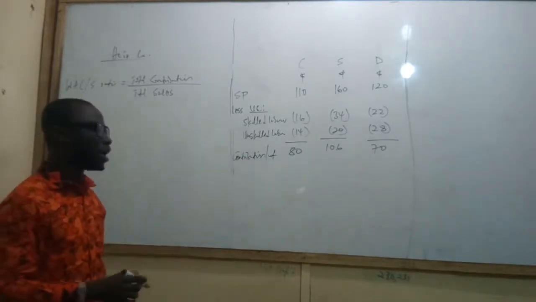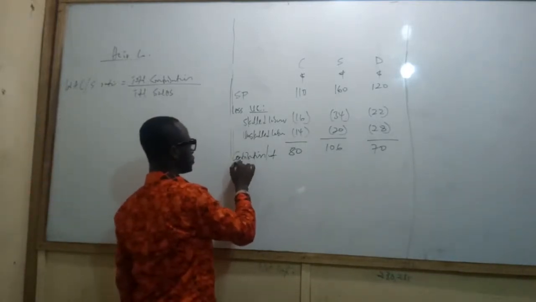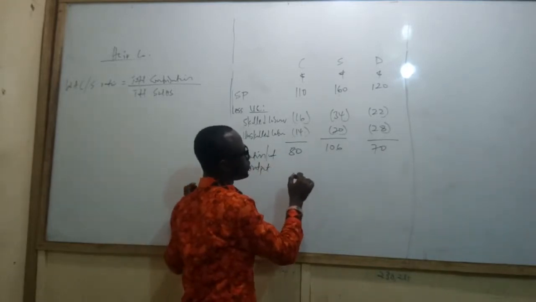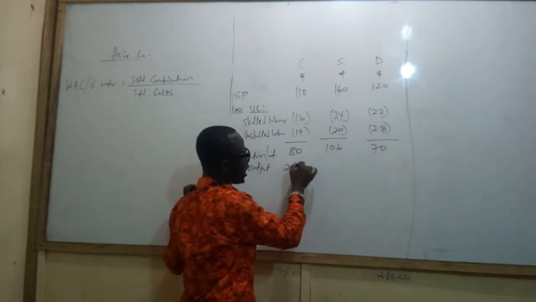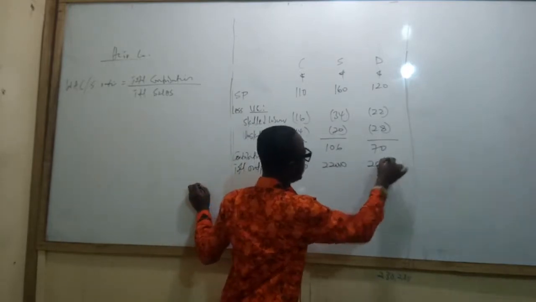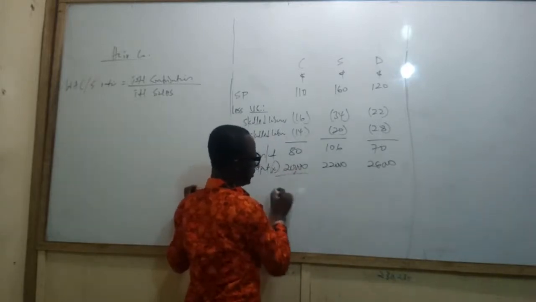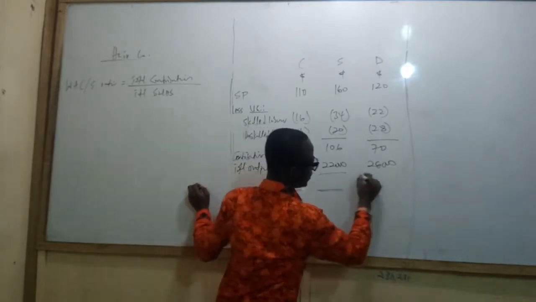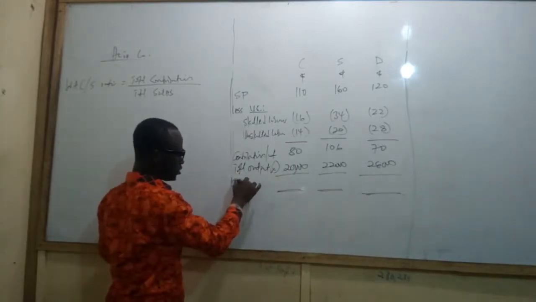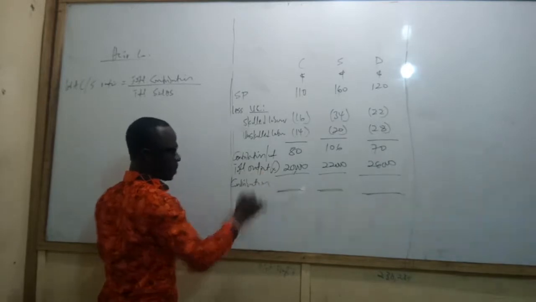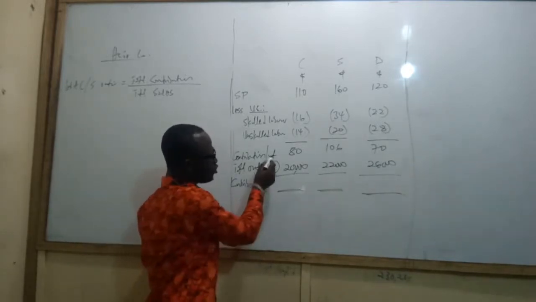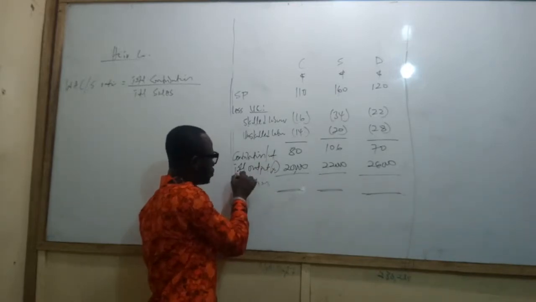This is contribution per unit. Then we bring the outputs. What are their outputs? 20,000, 22,000, 26,000. We're going to multiply the contribution per unit times the output to give us the total contribution.